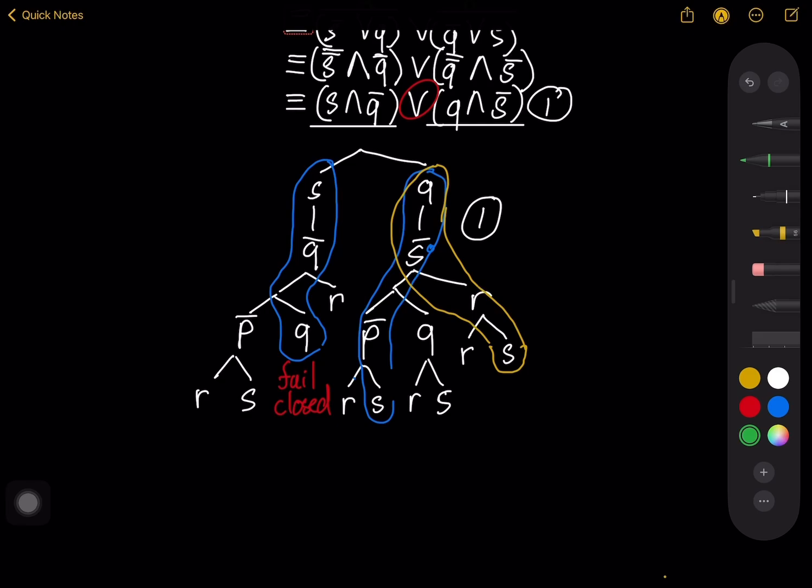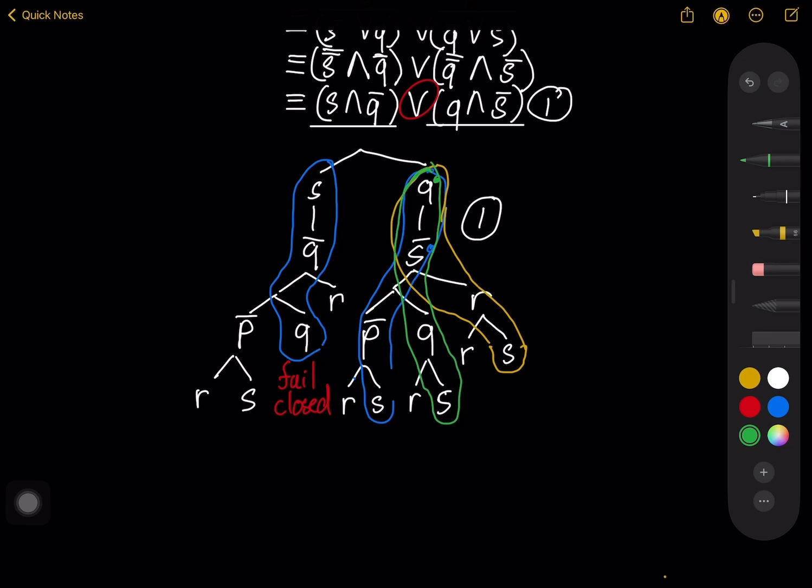Is there any open branches? There is, right? We have this branch clearly. We have Q on the bottom and on the top. Wait, hold on, I see a problem.